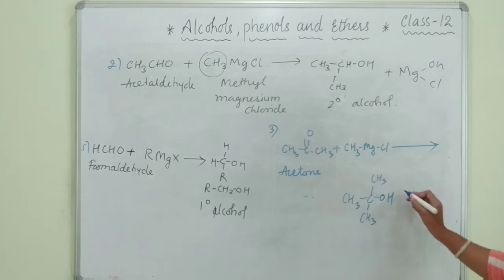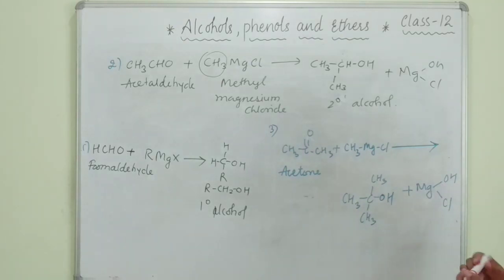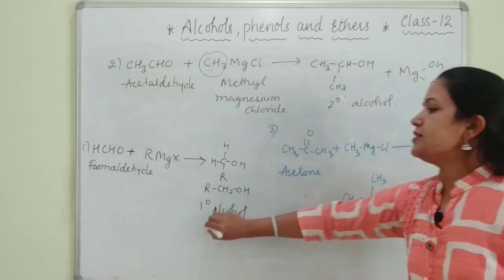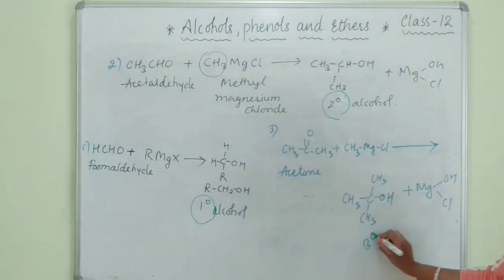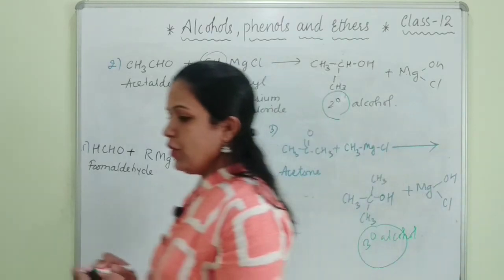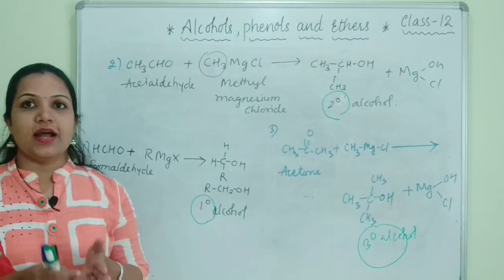If you understood the mechanism, you can easily write its product. There are many examples, I cannot take all of them here, but in this way you can write the product. So here we got a primary alcohol, a secondary alcohol, and then a tertiary alcohol. In this way, these are all the preparations of alcohols from Grignard reagent.